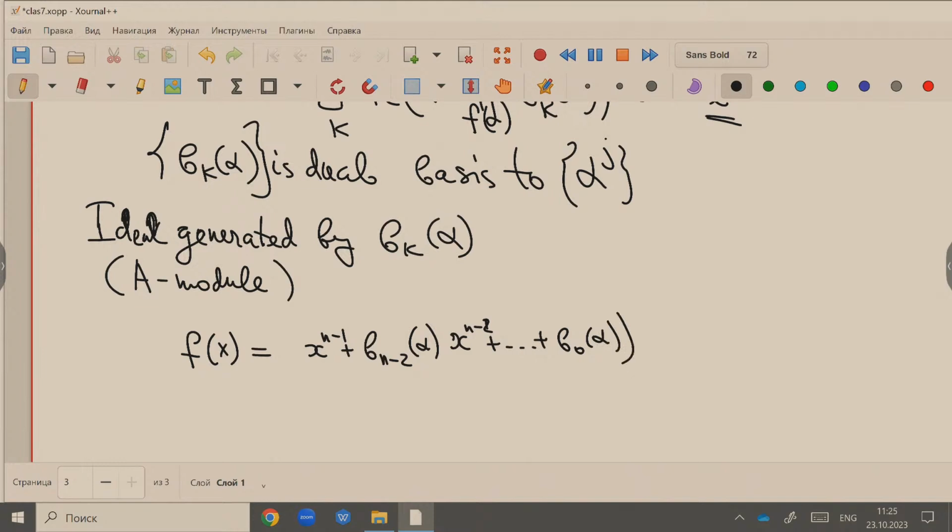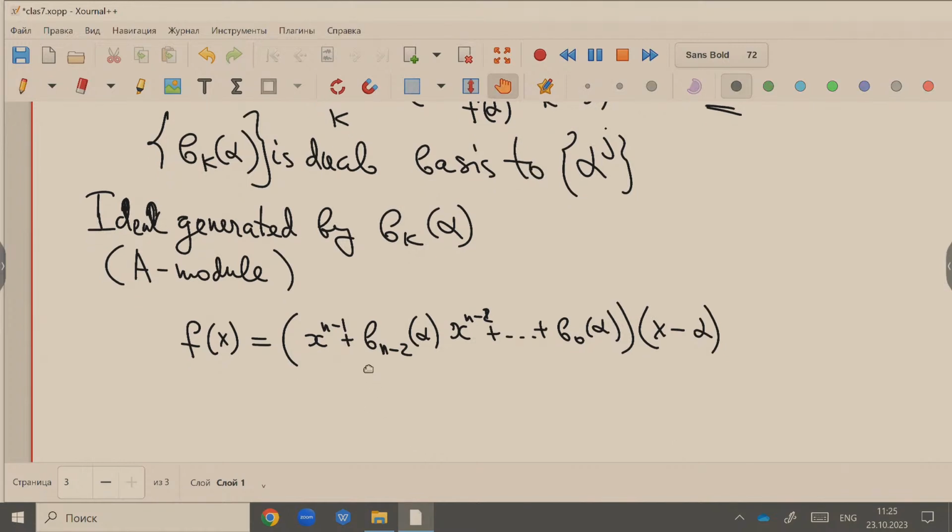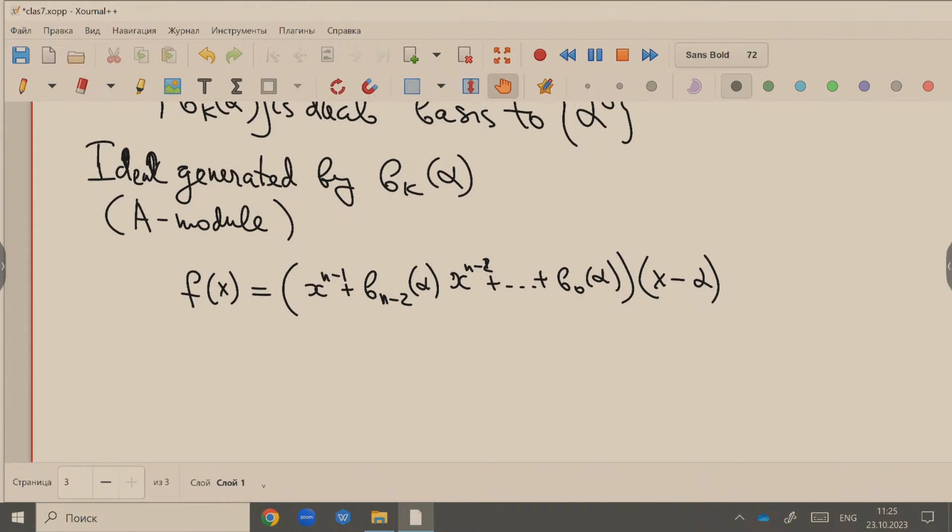You are multiplying it by x minus alpha. So let us write down explicitly the system of equations, so that you have to write down a_k in terms of the corresponding beta.